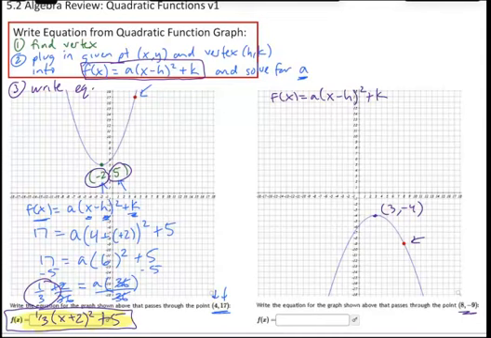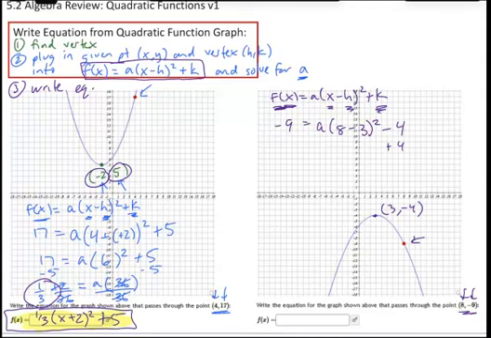We're going to plug in our x, our y, our h, and our k. So here's my y, -9. A is unknown. My x is 8 minus my h value of 3 squared plus my k value of -4. And I'm going to solve for my a value here.